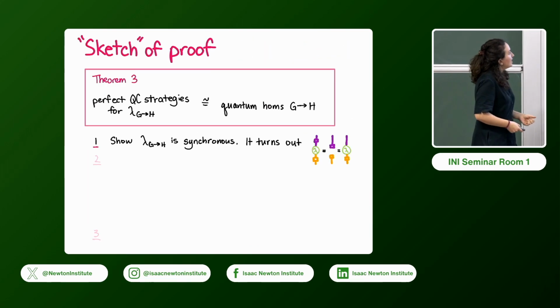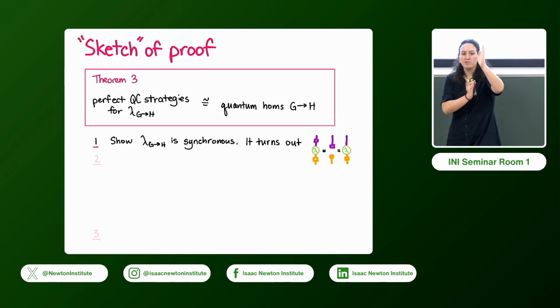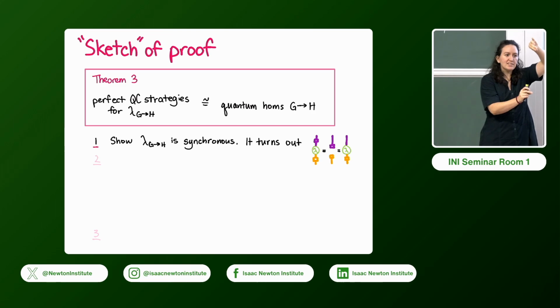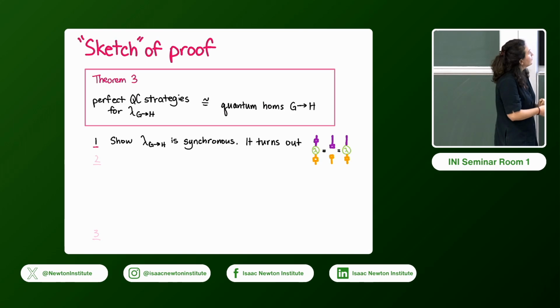You can check what it does, and in both cases it just gives us the middle term of the rule function, which is equality in G if and only if equality in H. So this is a synchronous game.